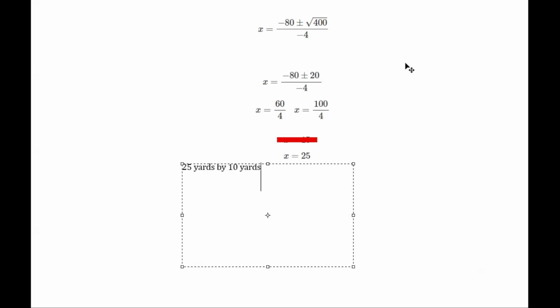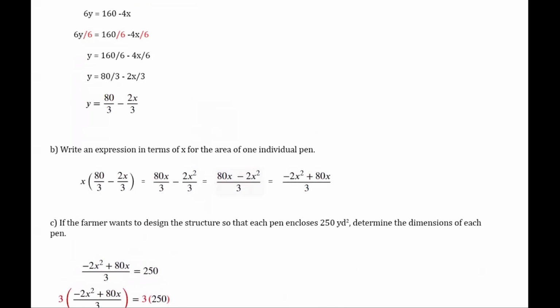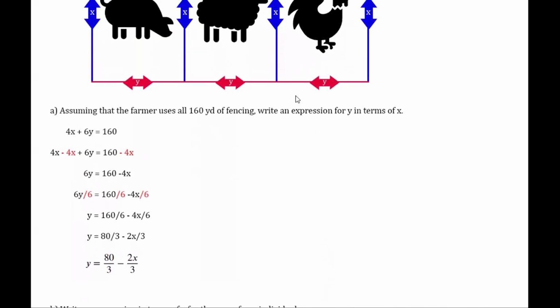And just to double check that, we already did kind of one double check, so I guess we're going to triple check it. Let's plug that in. Remember way back up here, we had 4x plus 6y equals 160.